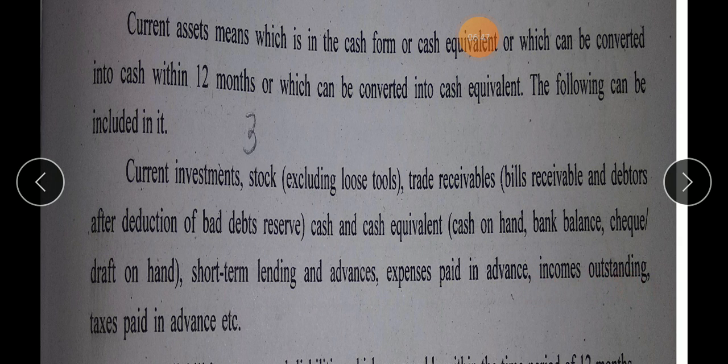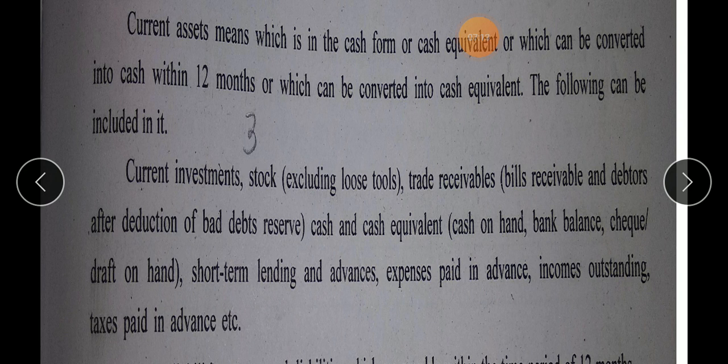Yes, receivable incomes. If you are supposed to receive commission or rent, but you have not received it yet, then that comes under the category of incomes outstanding. Taxes paid in advance. So this many items are included in current assets.